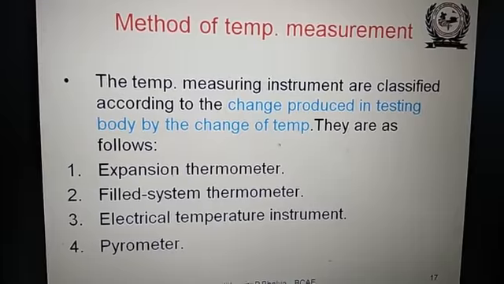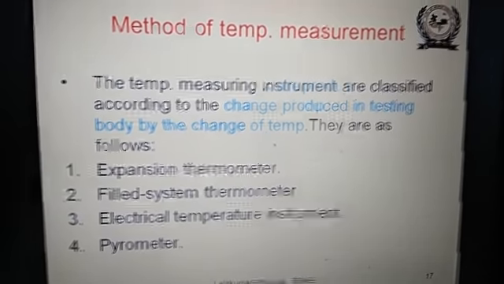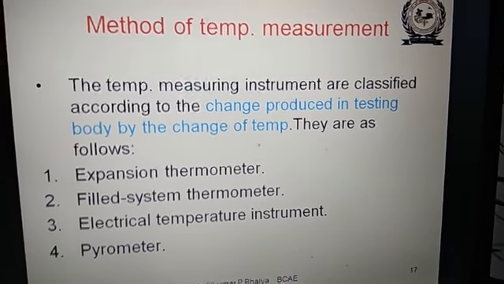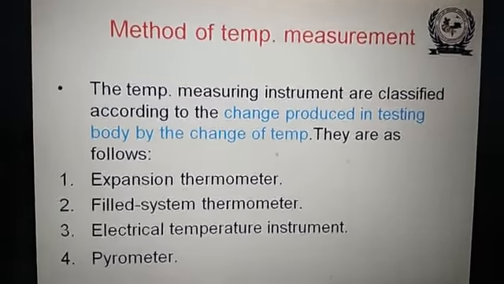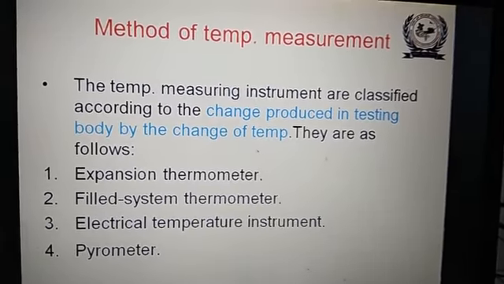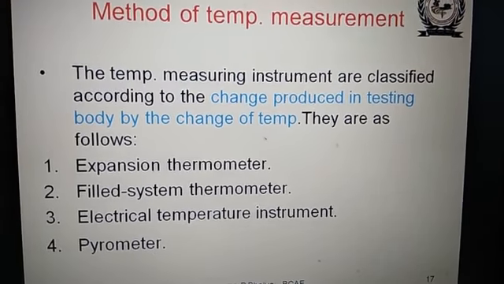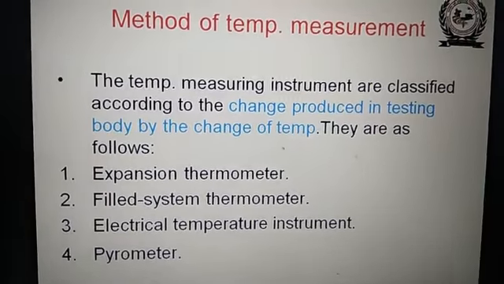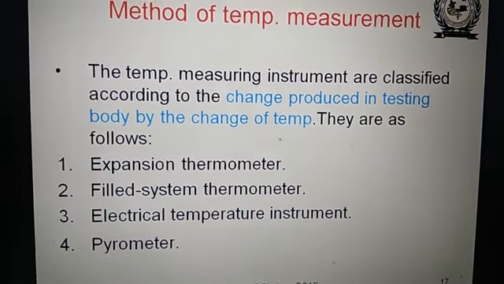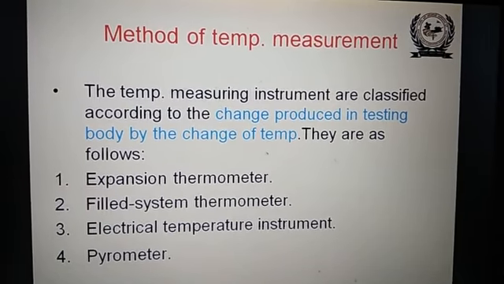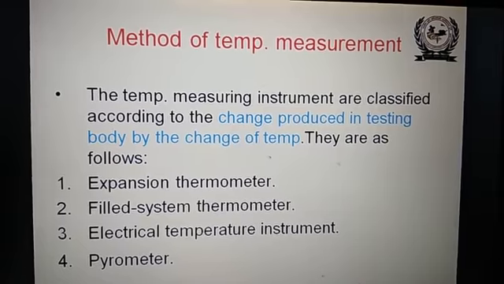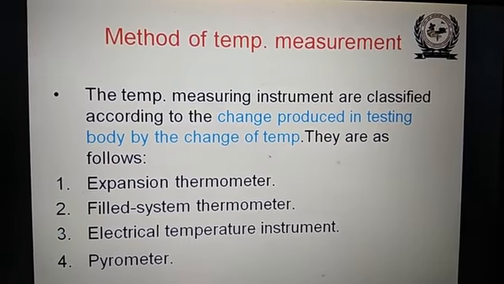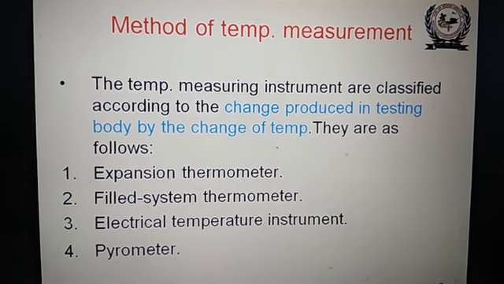Then the method of temperature measurement. We have seen temperature measuring instruments are classified according to the change produced in the testing body by the change of temperature. According to this, expansion thermometers, filled system thermometers, and electrical temperature instruments we have seen.